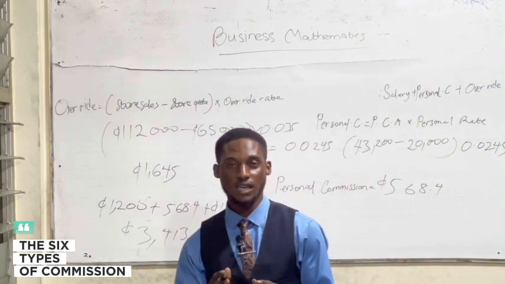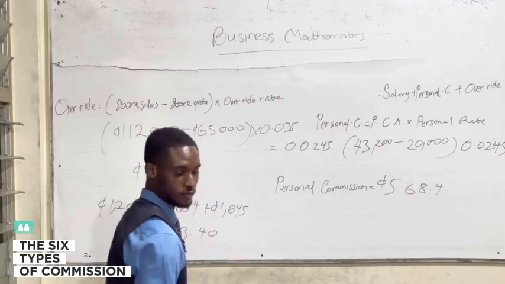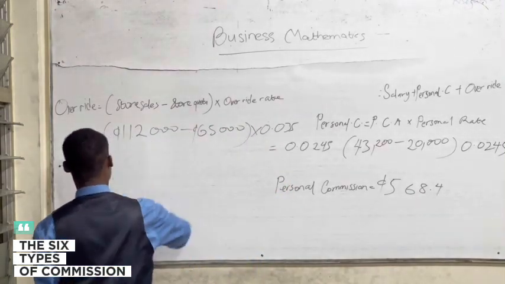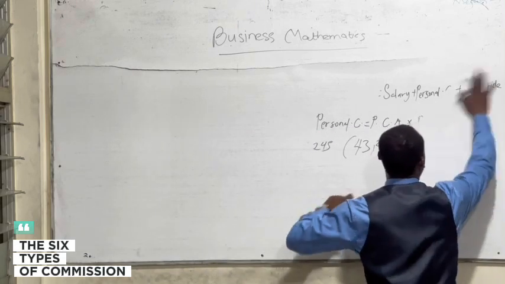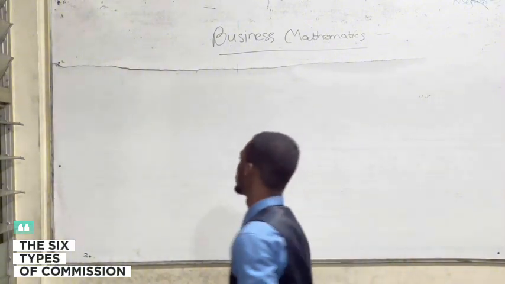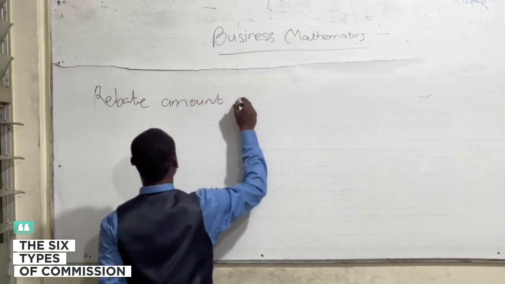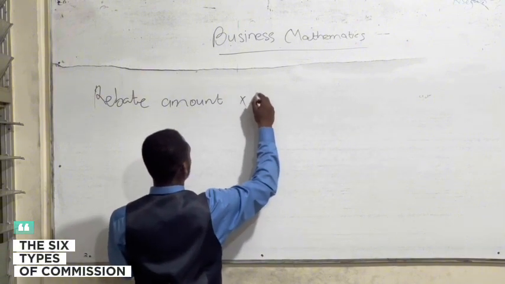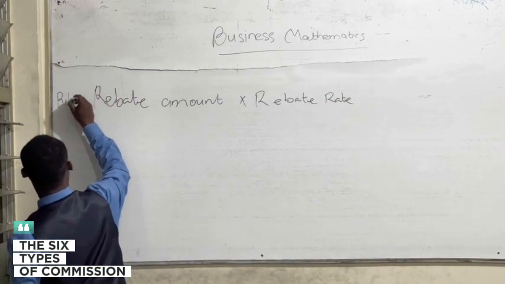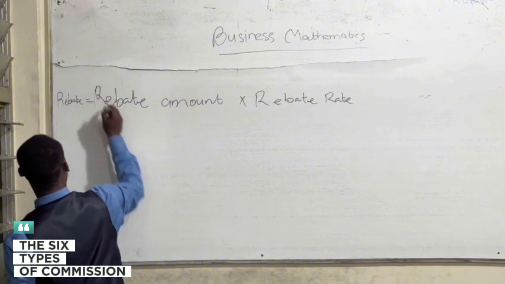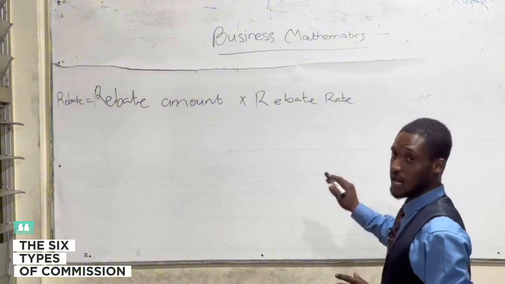And rebate has its own formula. The formula for rebate is rebate amount times rebate rate.